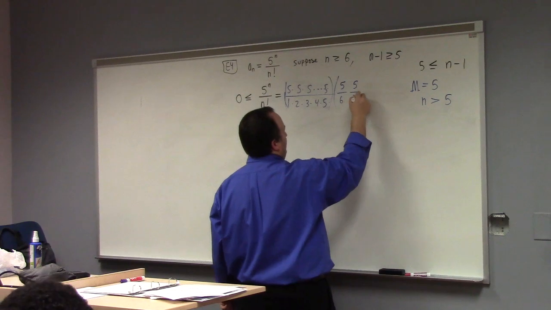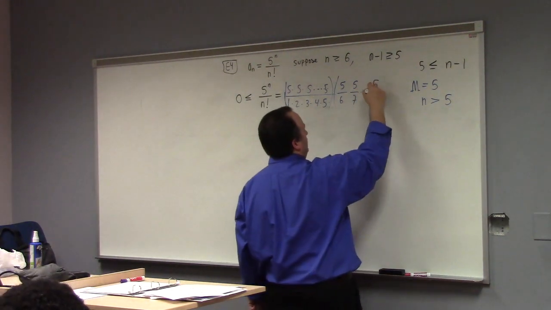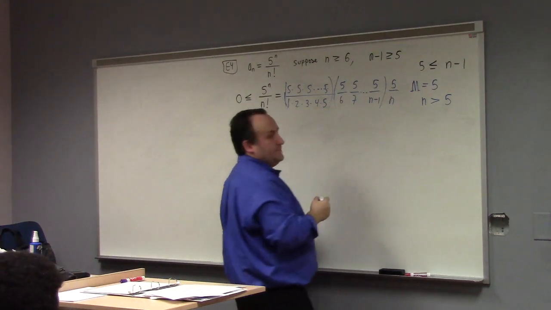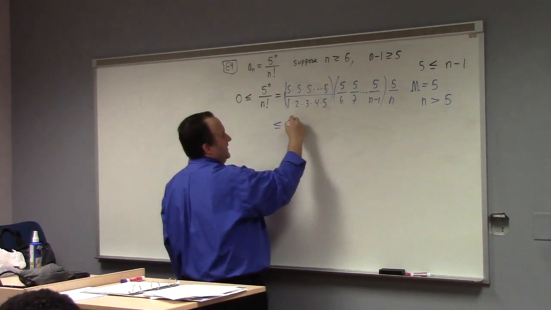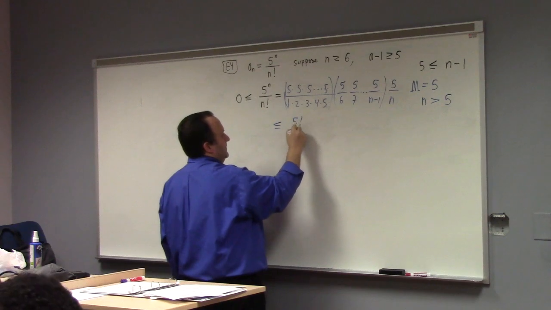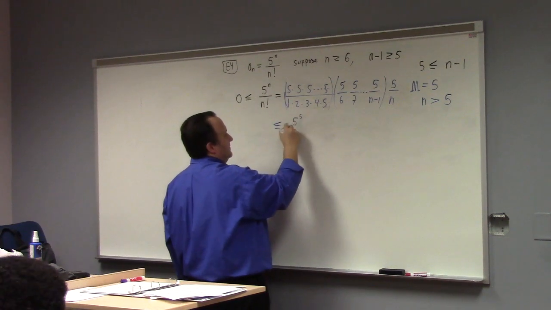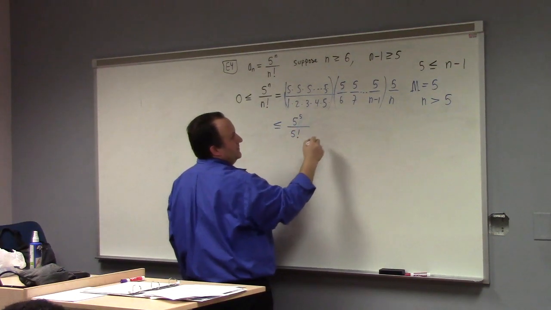Put me out of my misery, I appreciate that. 5 over 6, 5 over 7, 5 over what? n minus 1, 5 over n, right? And this is 5 to the 5 over 5 factorial, which you could simplify.